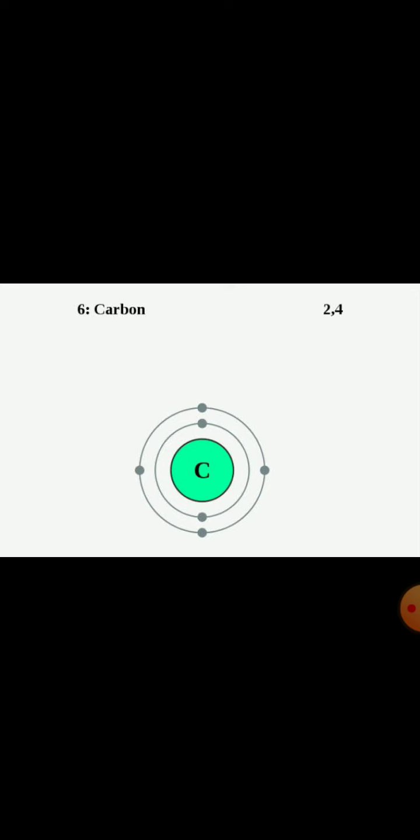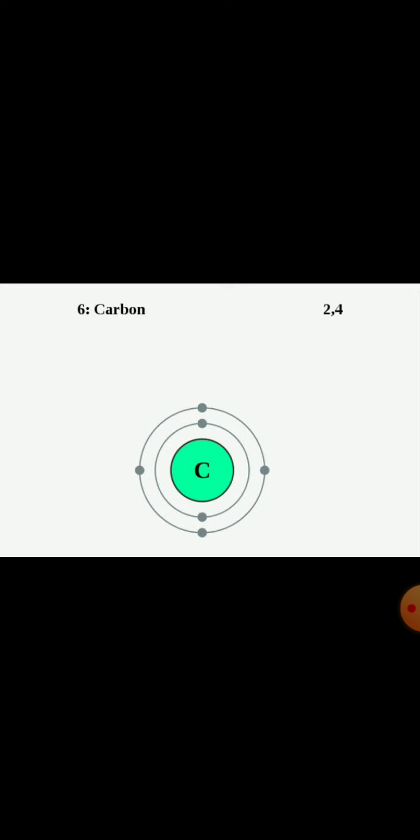If the outermost orbit has 5 electrons, 6 electrons, or 7 electrons, then it will gain electrons. We also know that by losing electrons, it forms a cation, and by gaining, it forms an anion, that is a negative ion.